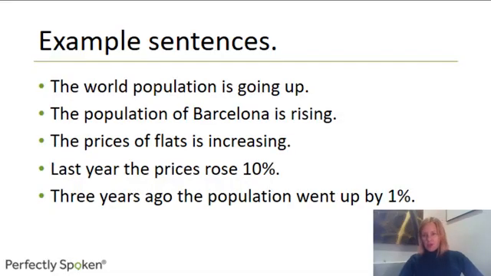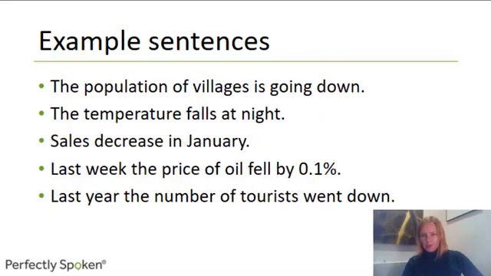Now, those sentences were all examples of things going up. So now we're going to look at some examples of things going down. Okay, so the population of villages is going down. That's true. Why? Because a lot of people are going to live in the cities.